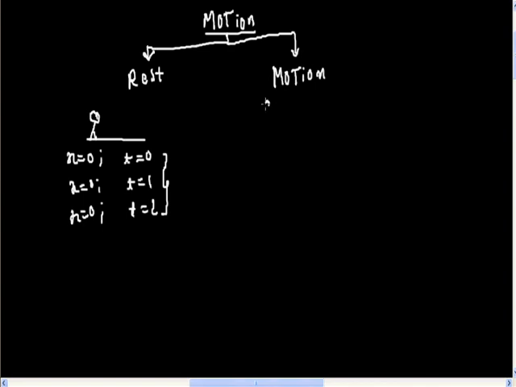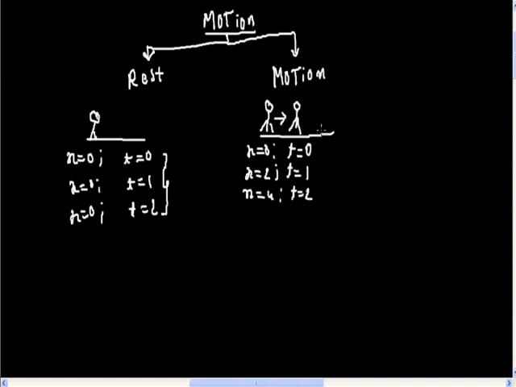Further, now we will study motion. Person at x equal to 0 and t equal to 0. As time increases, let's say t equal to 1, x becomes 2, x becomes 4 when t equal to 2. Now what do we say? The person changes its state with time.